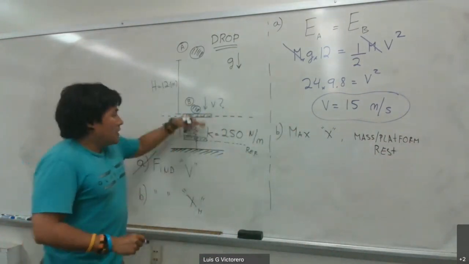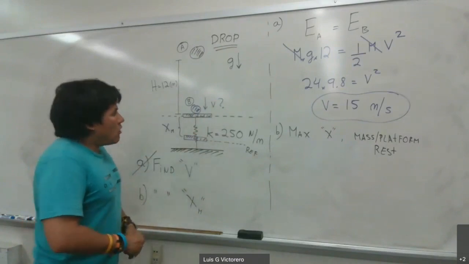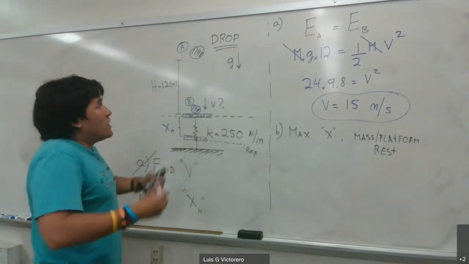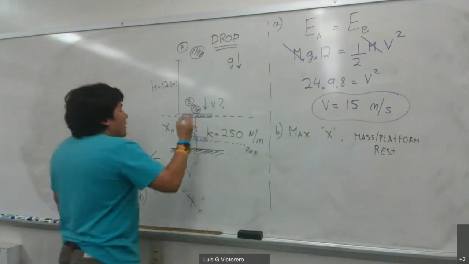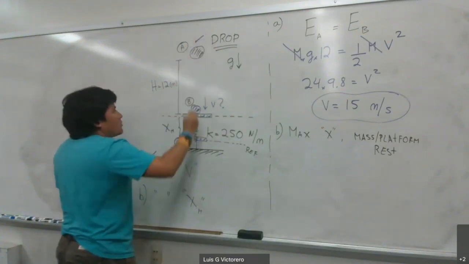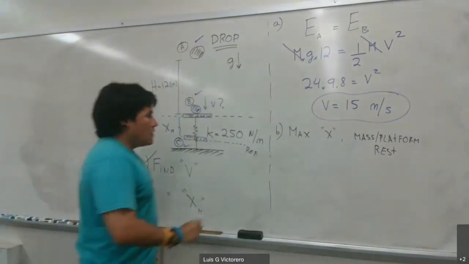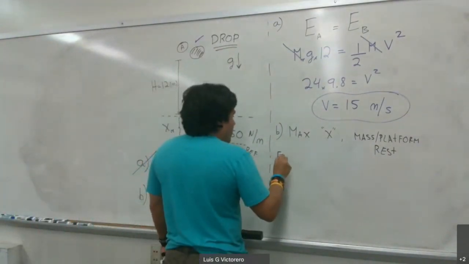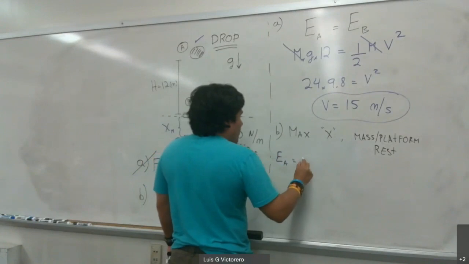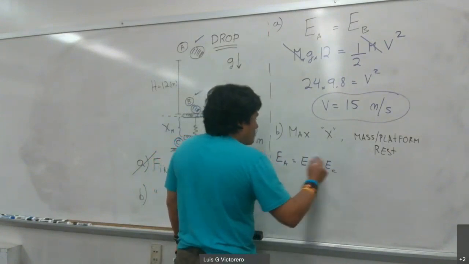Right? At the instant it stops. So, since we can use conservation of energy, this will be now my position C. Energy at A is equal to energy at B is equal to energy at C.